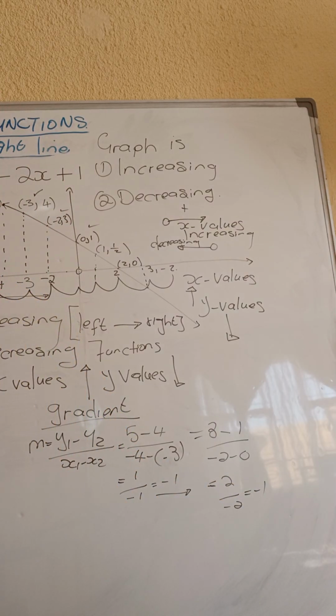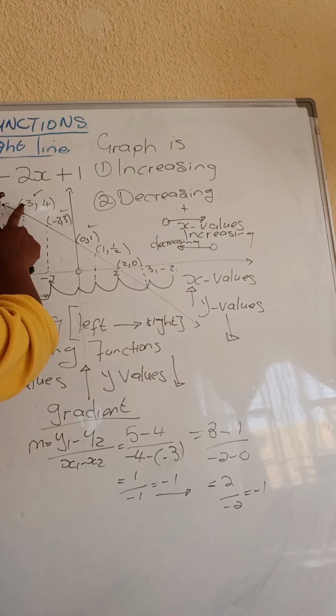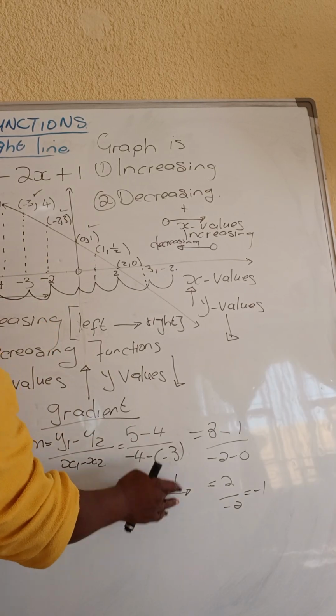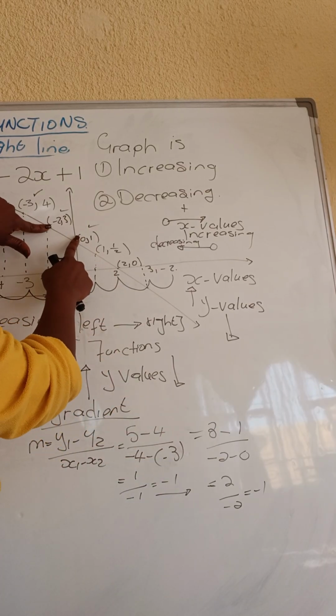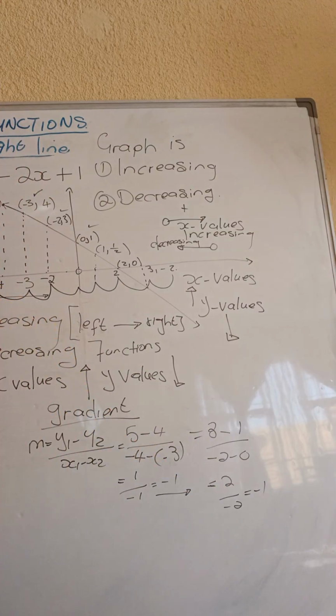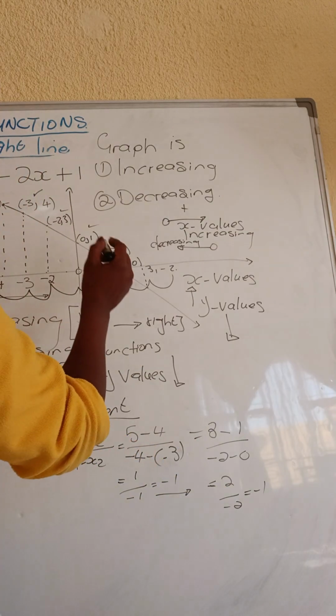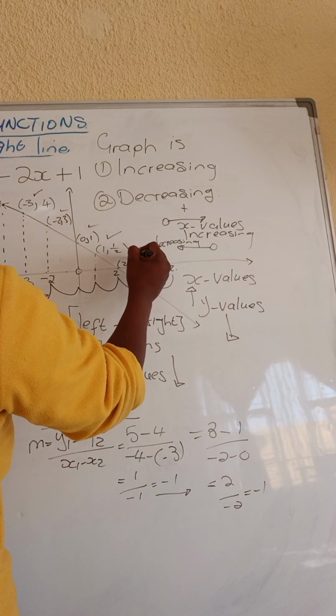Do you see? We did the gradient between these 2 points and got -1. Now I did the gradient between these 2 points and I still get -1. I'm going to do the last set. Let us do the gradient between these 2 points.